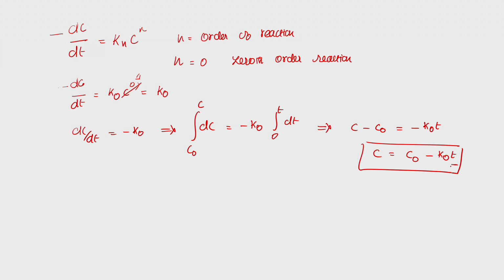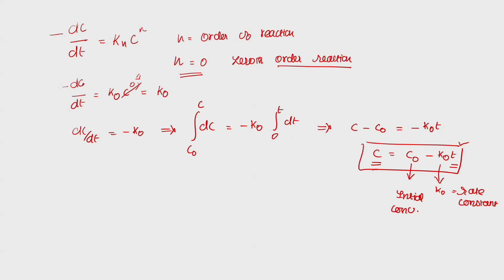So at any particular time I will be able to calculate my concentration when the order of reaction is zeroth order. I would require the time T and the rate constant K naught. K naught here is the rate constant, and C naught is my initial concentration of the microorganism or nutrient or enzyme activity, anything.